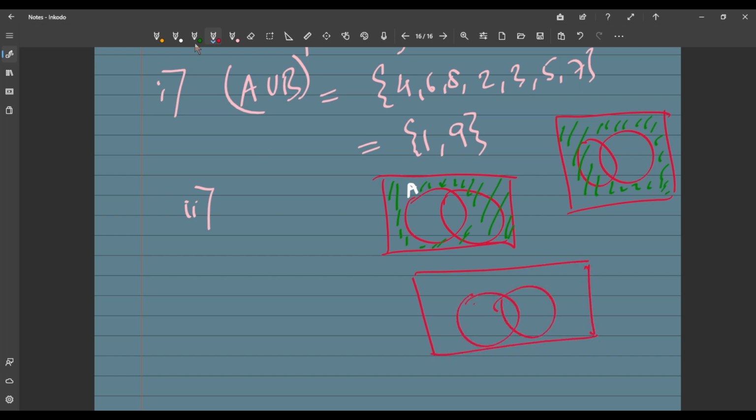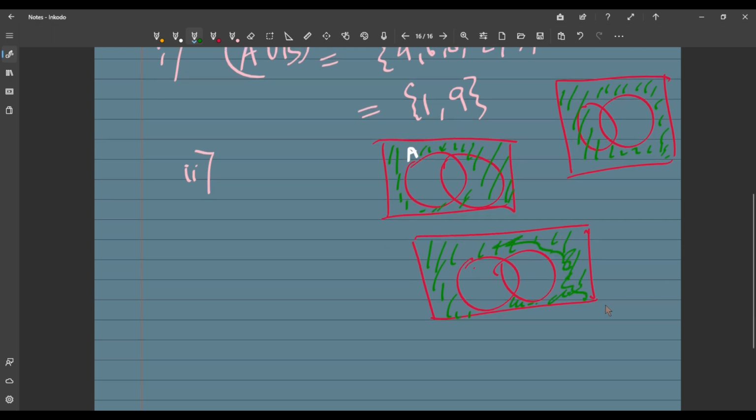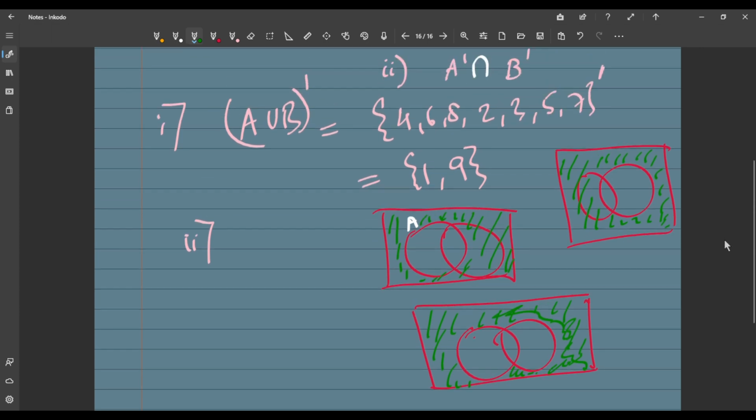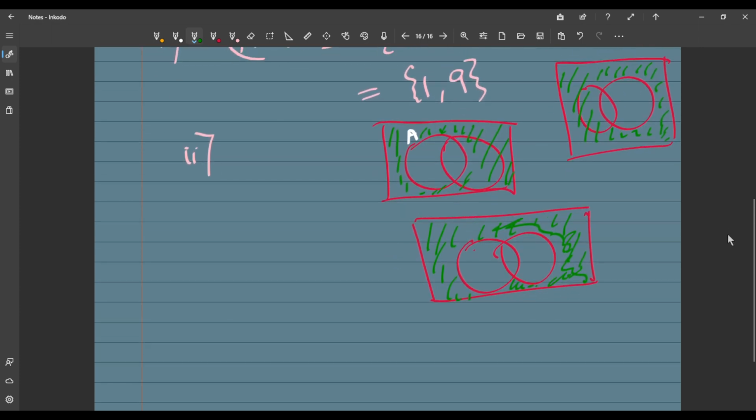So if you intersect these, you would again get back this region. So this will be a better way of solving this problem. Other than just analytically writing down the answer, you should think about the Venn diagrams.